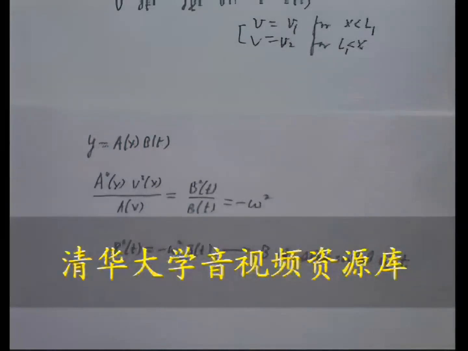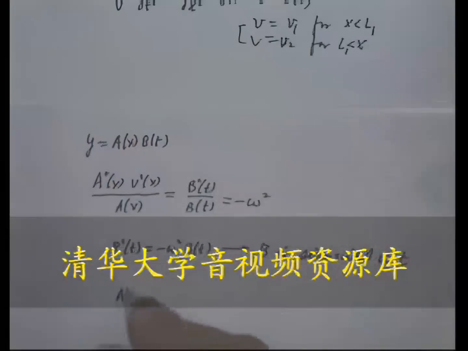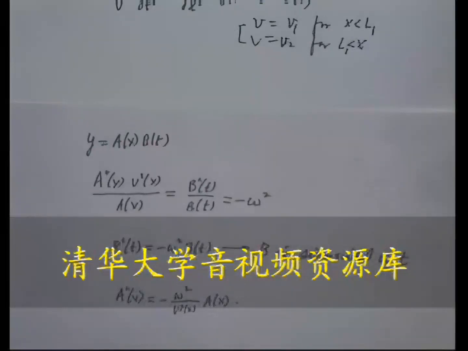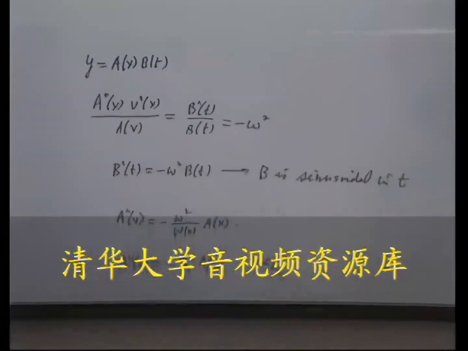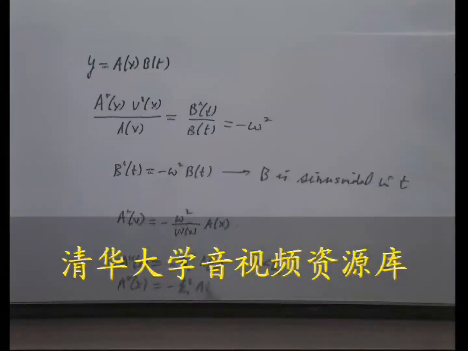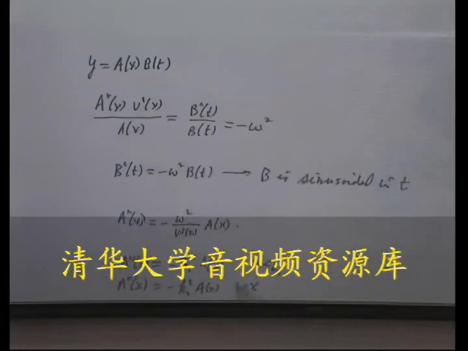But the A equation becomes now more complicated, because we now have A double prime of x is equal to minus omega squared over v squared, which is a function of x, times A of x. Or we write it as A double prime equal to minus k1 squared A of x for x less than L1, A double prime equal to minus k2 squared A of x for x greater than L1.